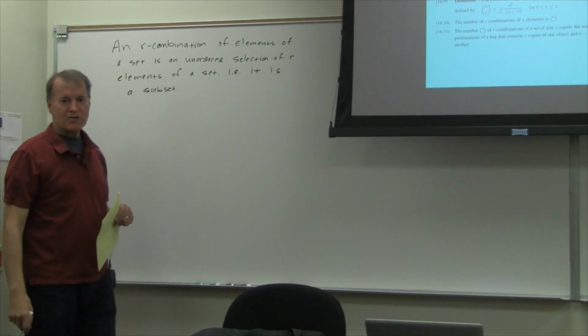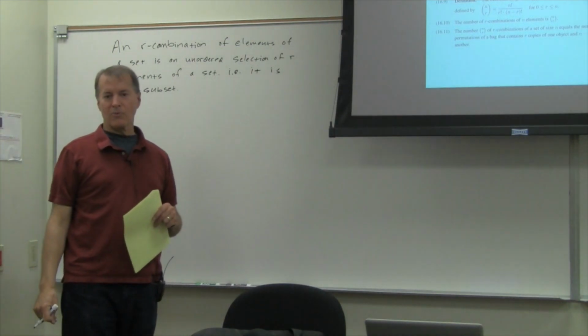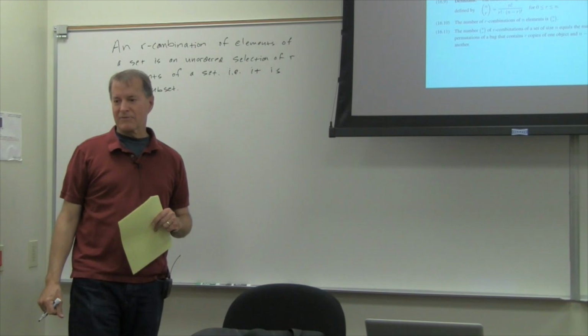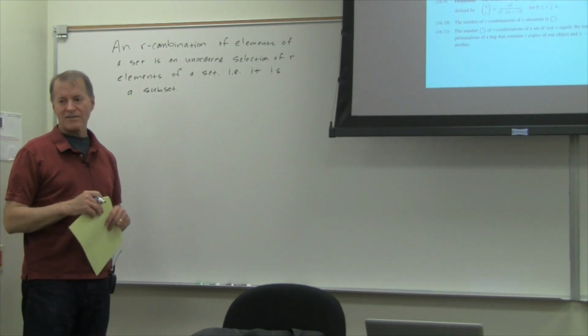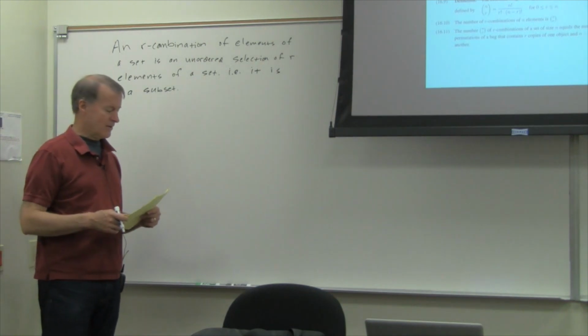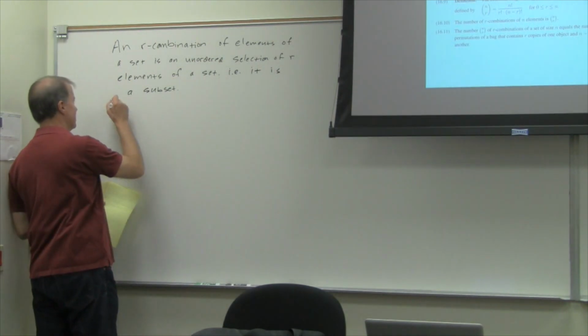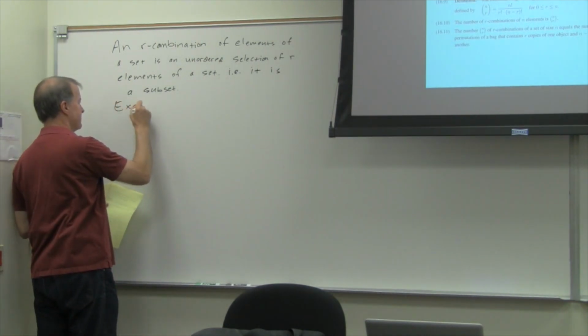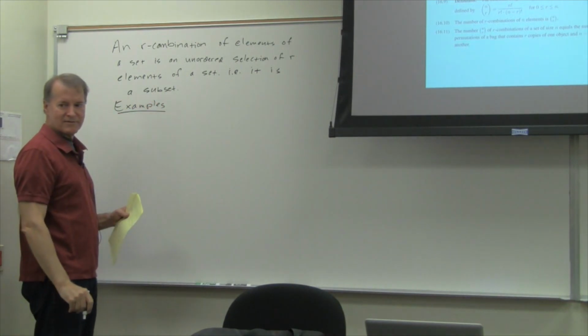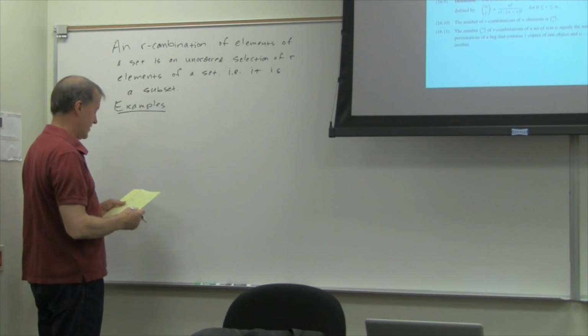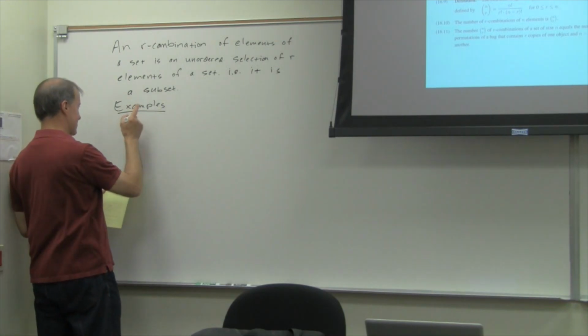So when we're calculating the r combination, what we're really calculating is the number of subsets that you can have. With subsets, order does not matter, right?